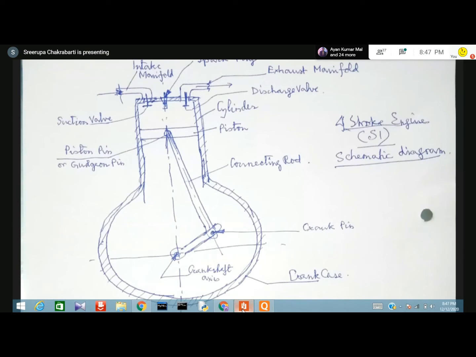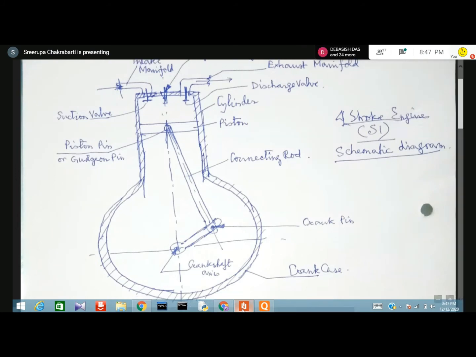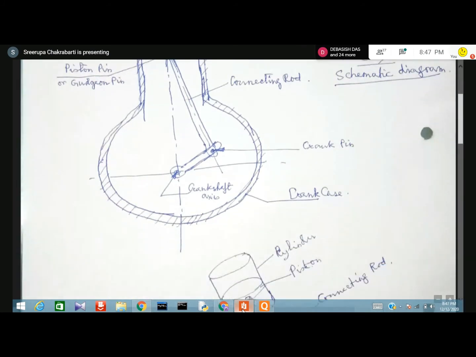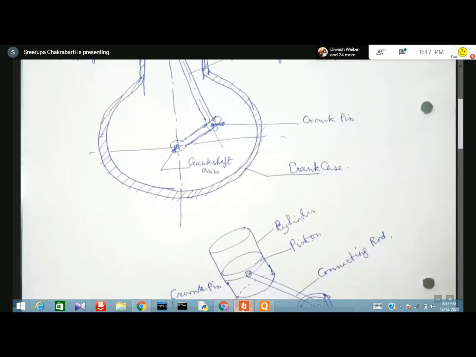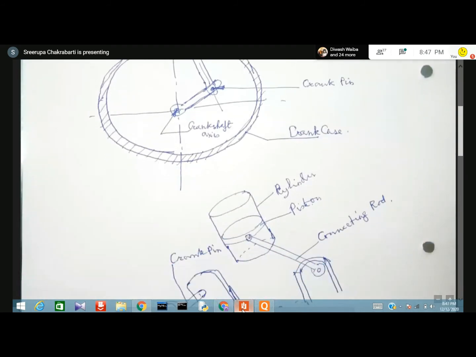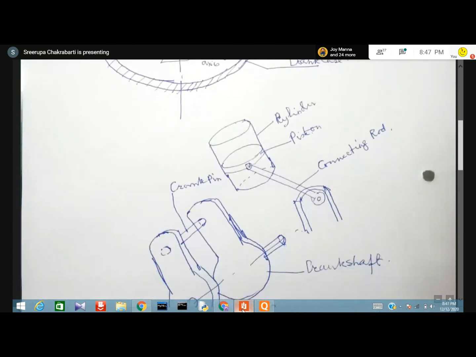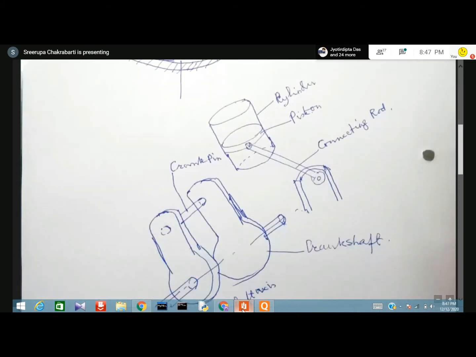The other shaft, which is the crank, in the last class I had tried to draw the crankshaft. This crank and the crankshaft are not a straight shaft. Here also I have tried to draw. At the bottom part you can see the crank pin and crankshaft I have drawn.